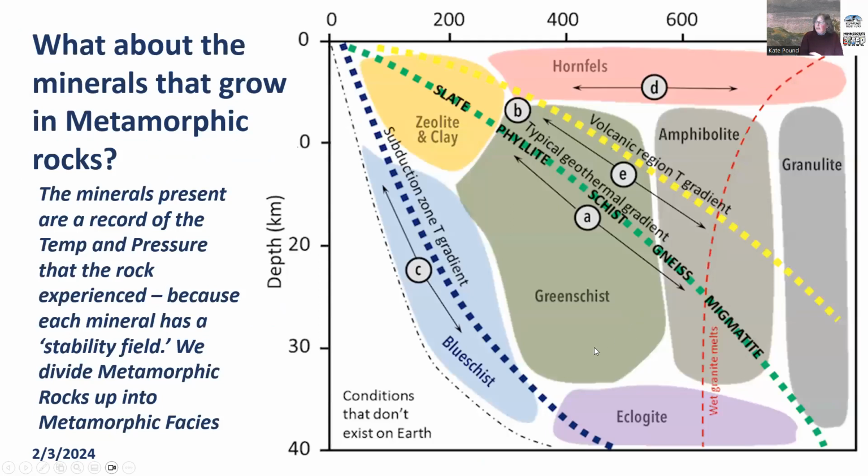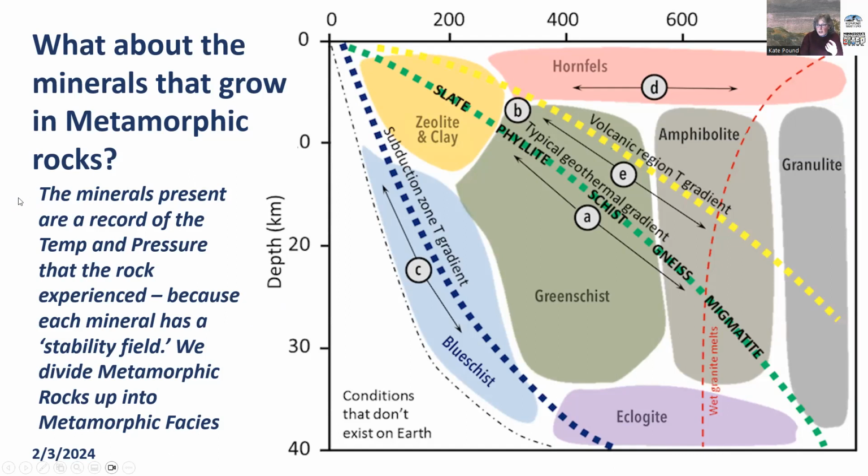Now, don't panic about this diagram. We are going to walk through it in a moment. So, I've said that new minerals grow in metamorphic rocks. And here there's some important text. Let's look at that first.